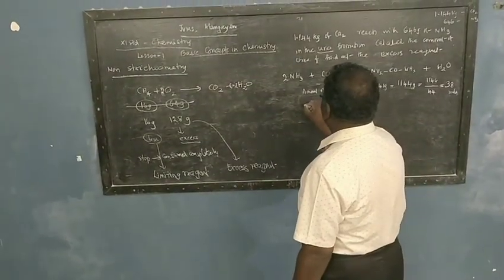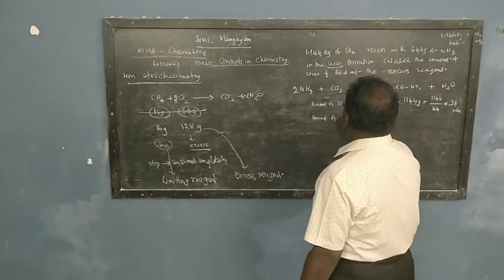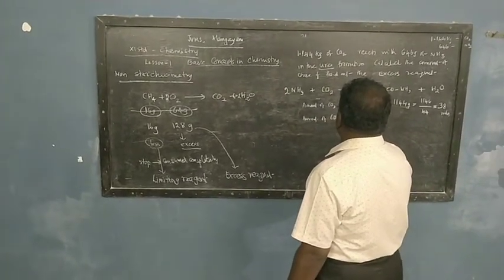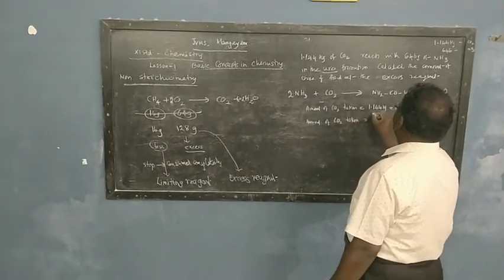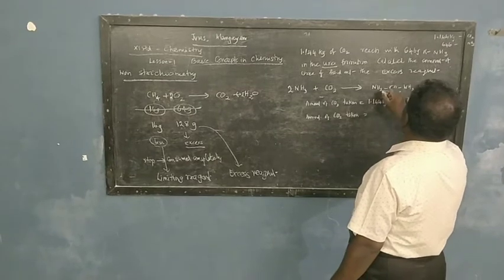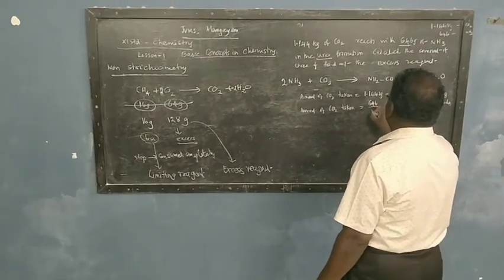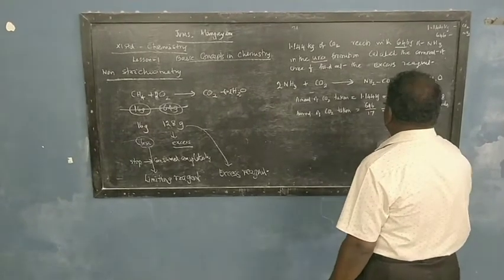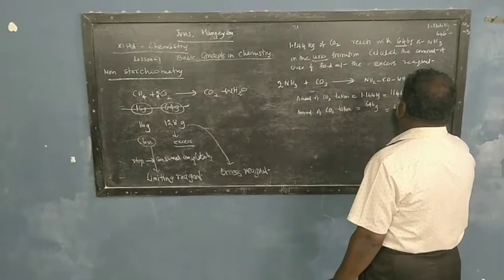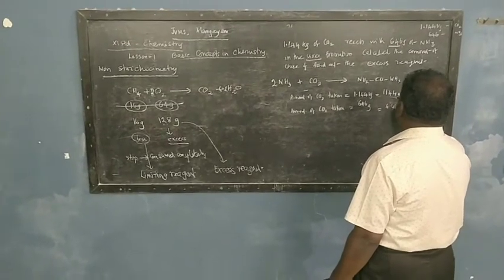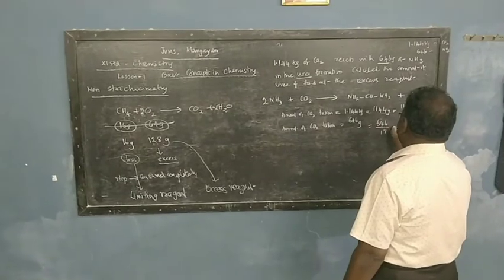Then the amount of ammonia taken is 646, right, is the amount. Divide that 646 by 17 grams.